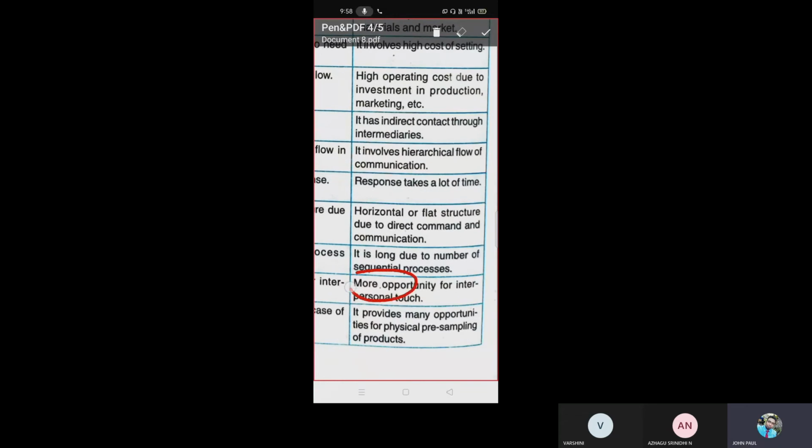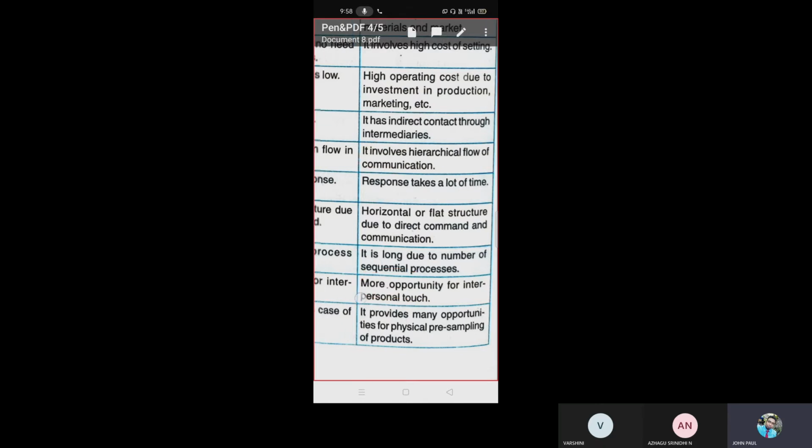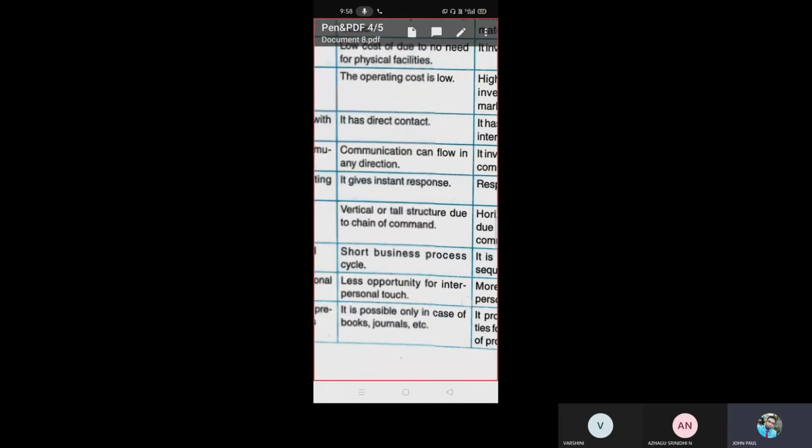More in the sense, suppliers, wholesaler, retailer, a lot of people. A lot of middlemen will be here, so they have a lot of interpersonal contact. Whereas in online marketing or online business, we don't have much, only a seller or buyer.